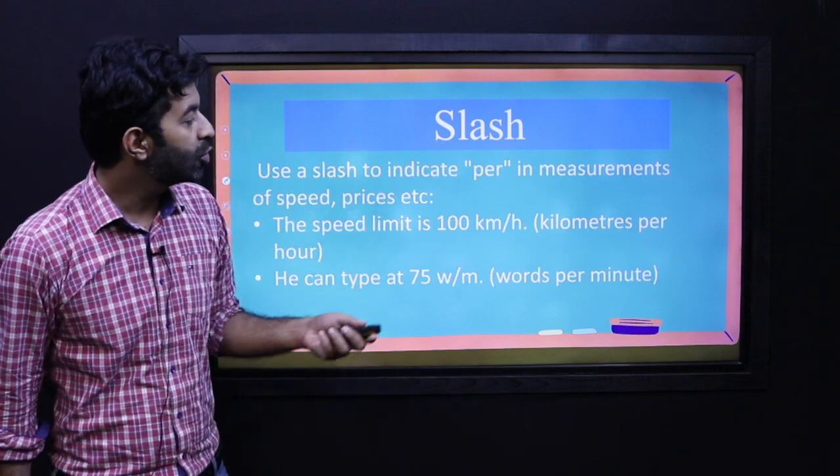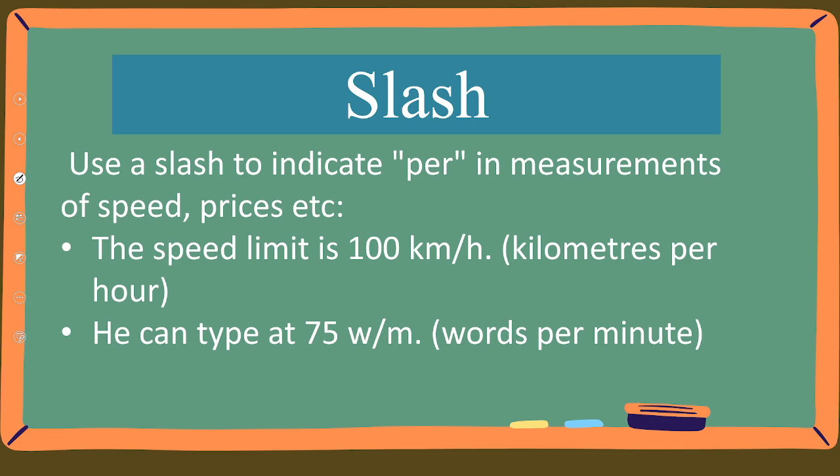We can also use slash to show per in measurements. When we are measuring something, to show per, we are using forward slash. We can measure the speed or different prices, etc. For example, the speed limit is 100 kilometers per hour.